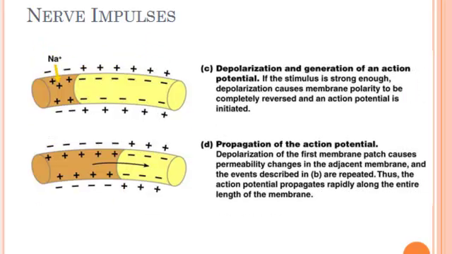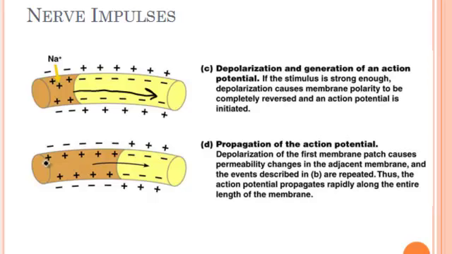But as sodium ions start to rush in, notice that we now have a negative charge on the outside just in this area, and we have a positive charge on the inside. When this depolarization happens, it starts a kind of flow, a signal that's going to continue down. This action potential, or this depolarization, is going to continue down the axon, meaning that all along the axon the sodium channels are going to open, and sodium is going to come rushing inside the axon, and it's going to reverse this resting potential.